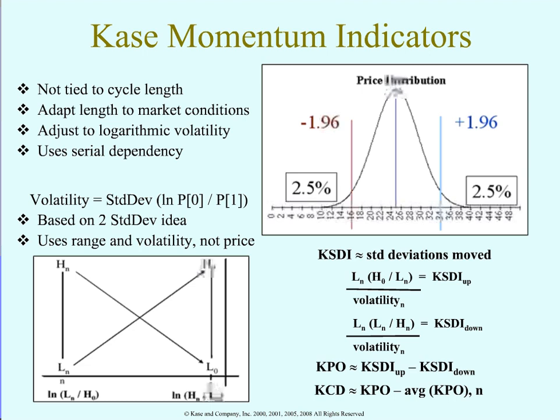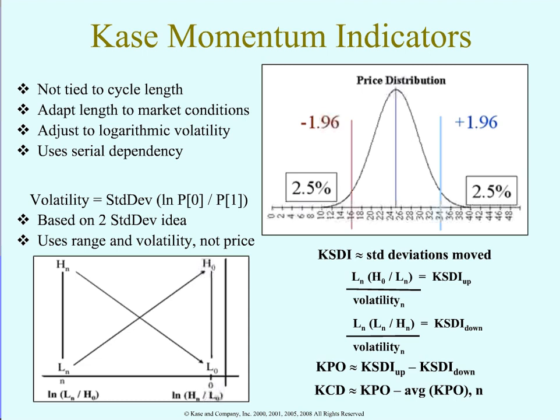Okay. So if the market is changing, how do you know whether or not the change is statistically significant or random? If you look at a bell curve, the closer the data is to the mean, the more random it is. The further the data is from the mean, the less random it is.